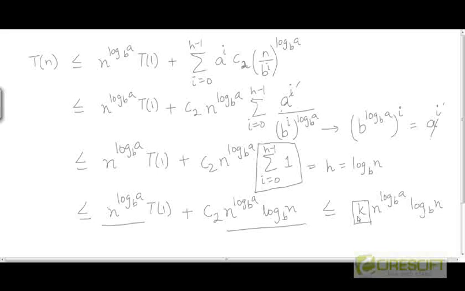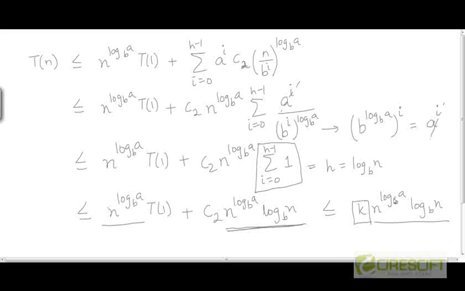Let's say we choose k to be c2 plus 1. If k is chosen to be c2 plus 1, then when we take this sum on the right hand side, we will have this function common and the constant coefficient c2 will get subtracted from c2 plus 1. So we'll be left with a coefficient of 1.